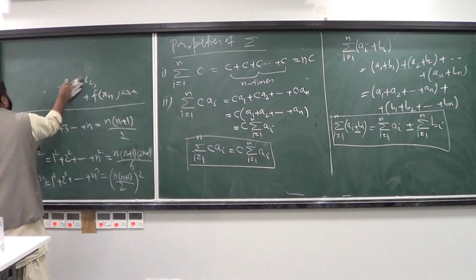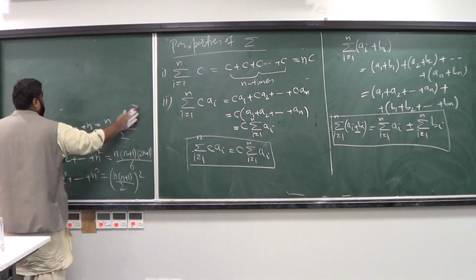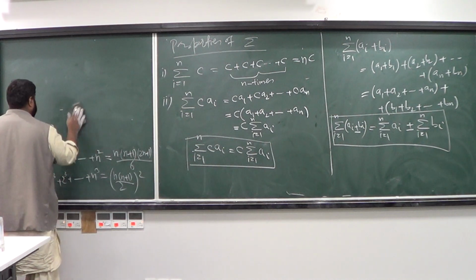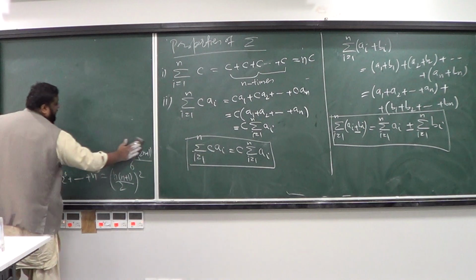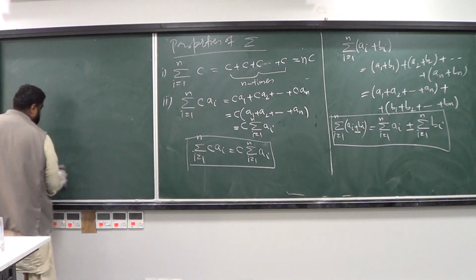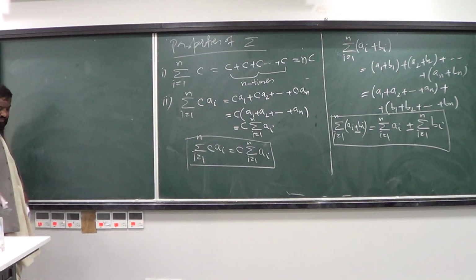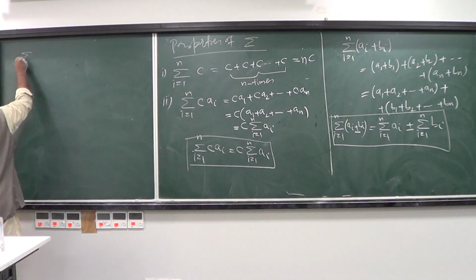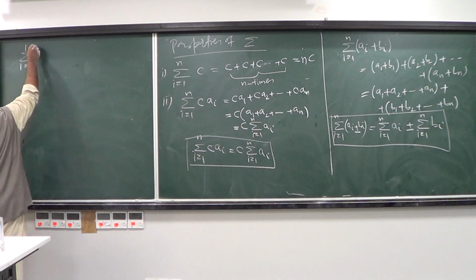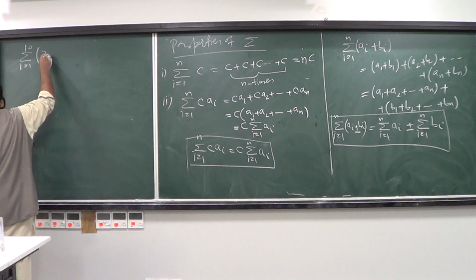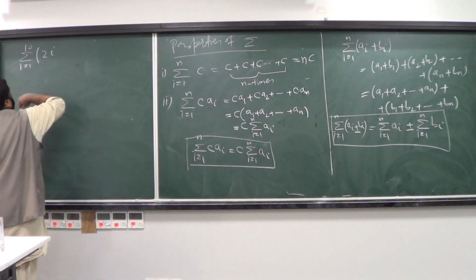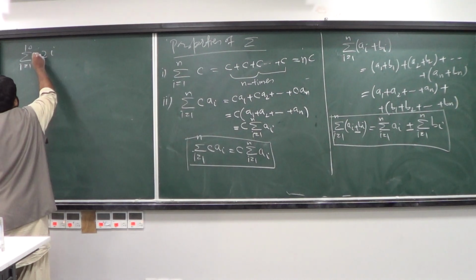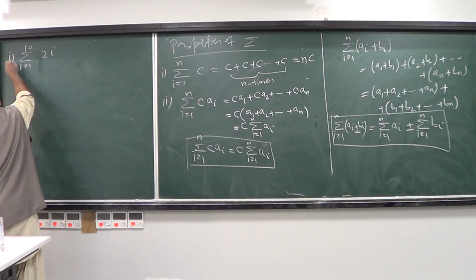Now let's use these properties and these identities to calculate some sums. For example, I want to calculate the sum from i equal to 1 to 10 of 2i.